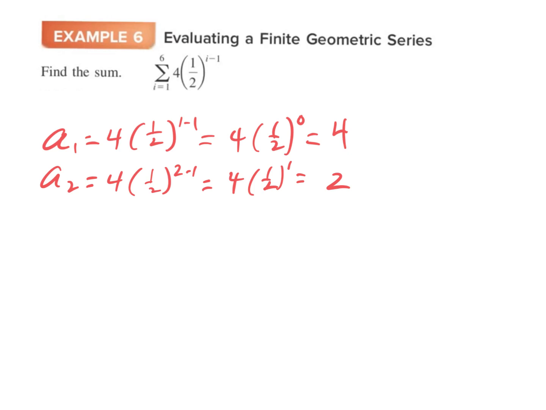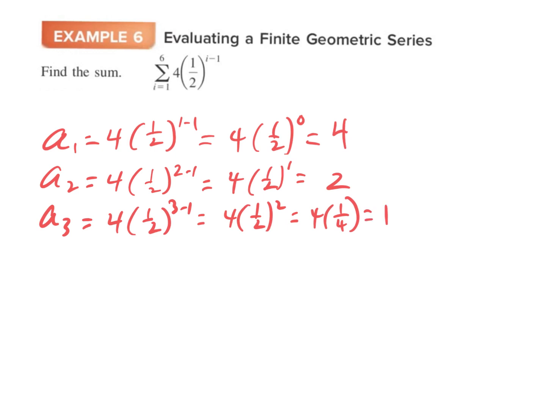So what should the next term be if it's geometric? Should be 1. Multiplying by 1/2, dividing by 2, same thing. So this is 4 times 1/2 to the 3 minus 1, which is 4 times 1/2 to the second. What is 1/2 to the second? 1/4. So we're good.